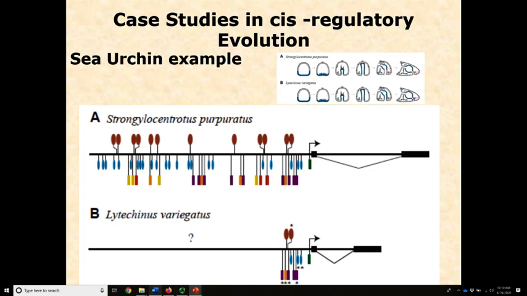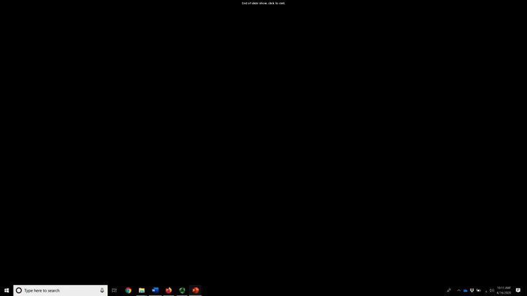And some of it might be just variation, but there's certainly, for this early developmental stage of the sea urchin, a very, very different way to end up with basically the exact same outcome. So that's a very common trend that we see across these regulatory elements as we begin to define them and analyze them. And we'll look at some more examples in the next discussion.